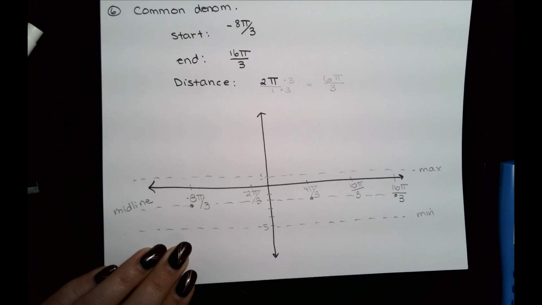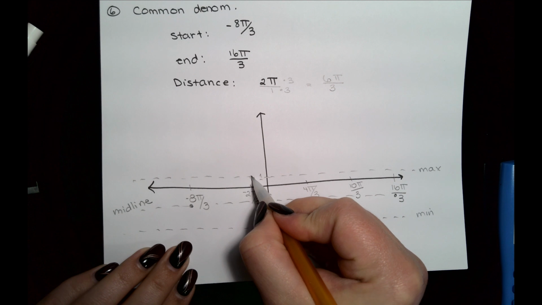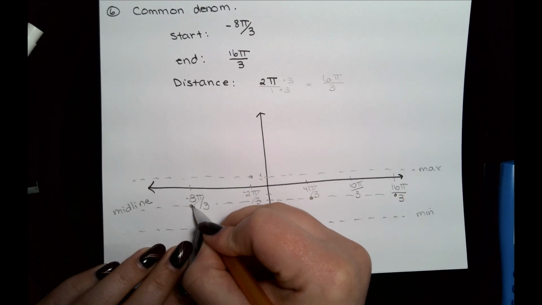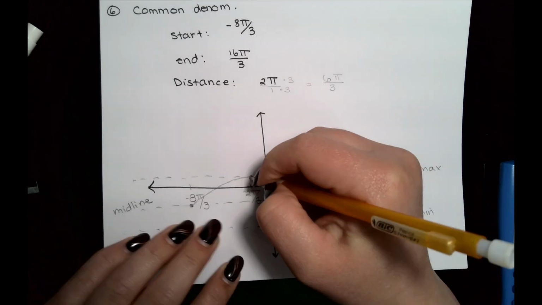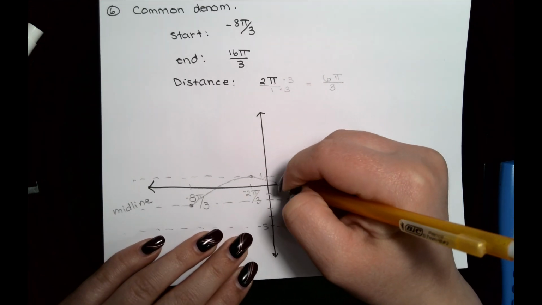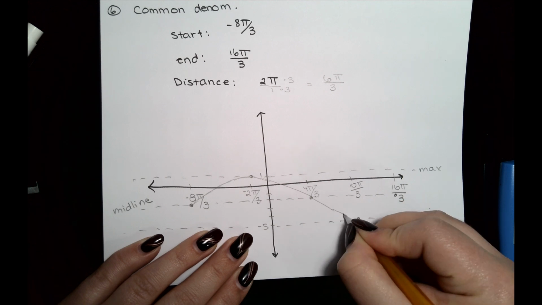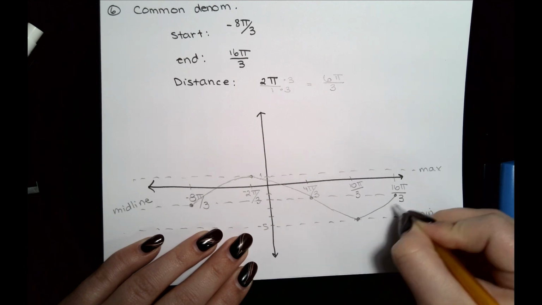And then because it is positive, we're going to go up towards the maximum value, increasing as we go up, since we have an increasing function. That means later we go down towards the minimum, but first we go up.